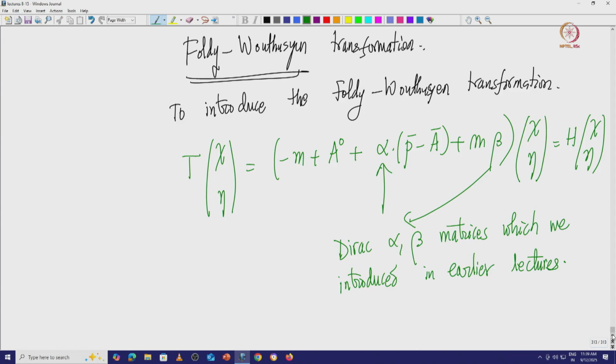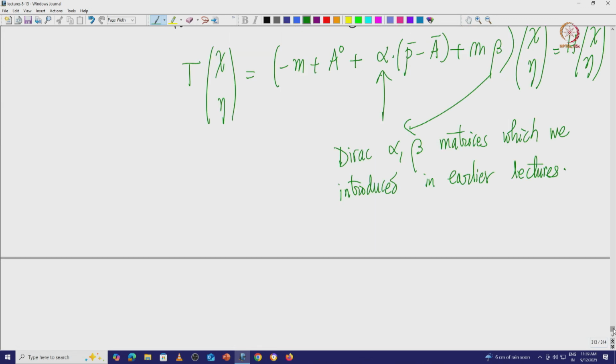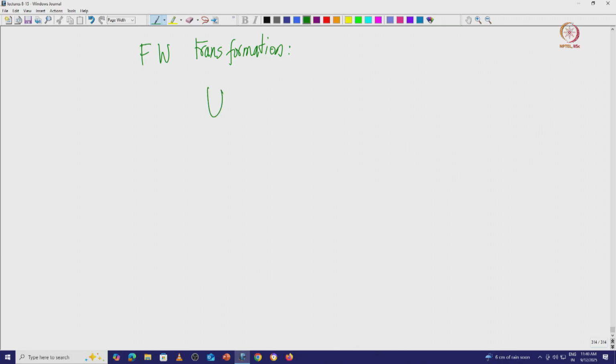So the Foldy-Wouthuysen transformation is defined as a unitary transformation U equal to A tilde beta plus lambda alpha dot p by m. It has a 1 by m expression.